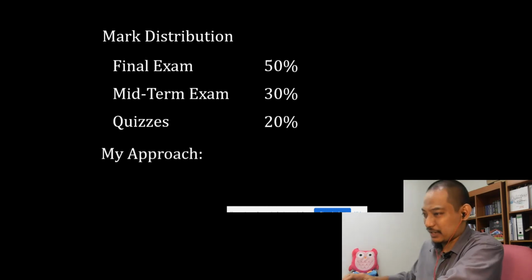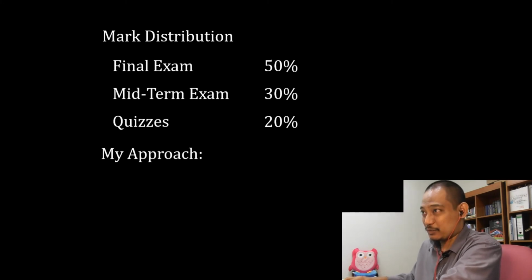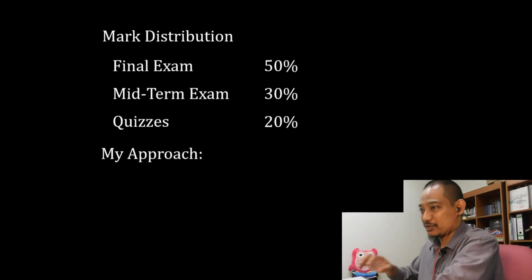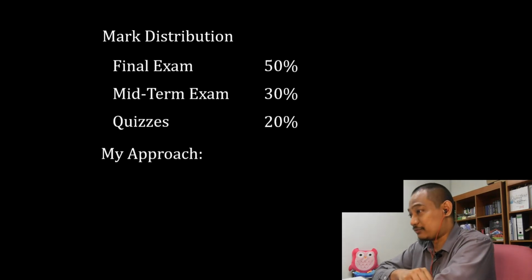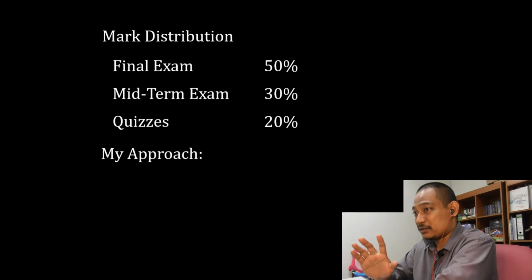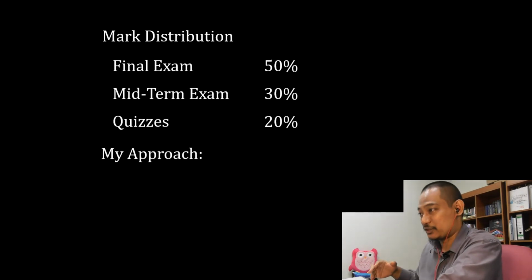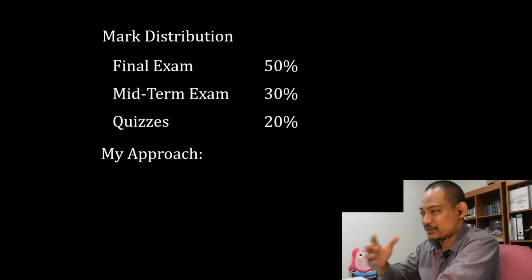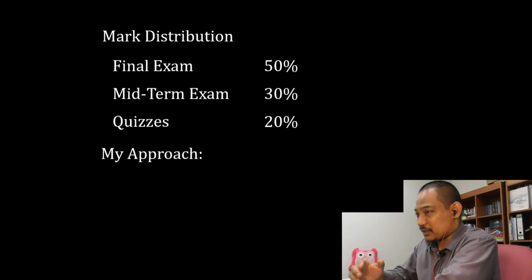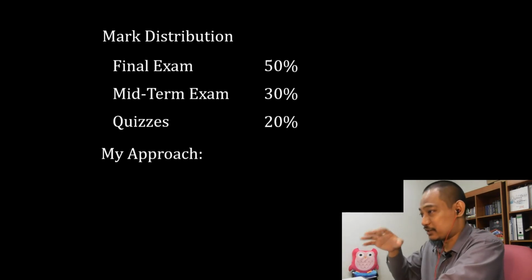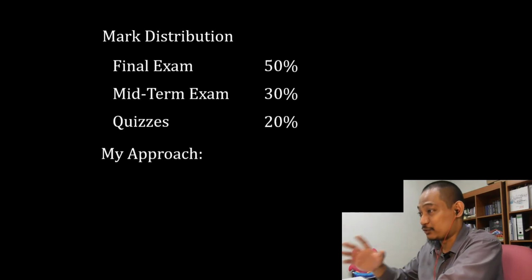My approach. I have to mention this because many students will notice that my approach toward quizzes especially is quite different from many other lecturers. The normal case is that the final exam is centralized, meaning that all of us will have the same questions for all the sections, because Statics has many sections, right? Midterm as well. But for the quiz, because we do the quiz based on each section, different lecturers can have different ways of doing quizzes.